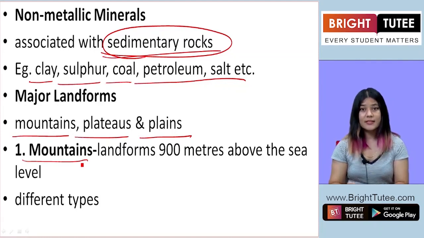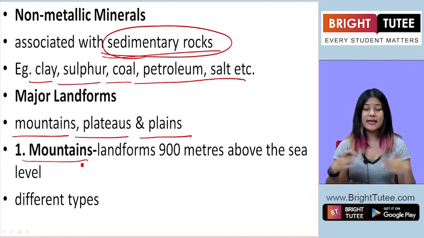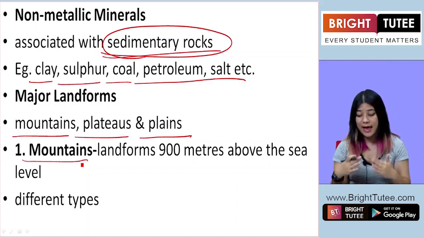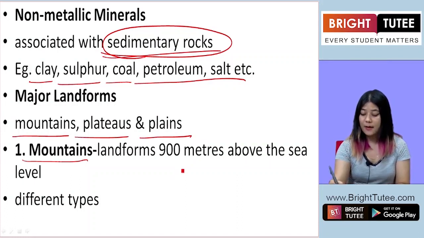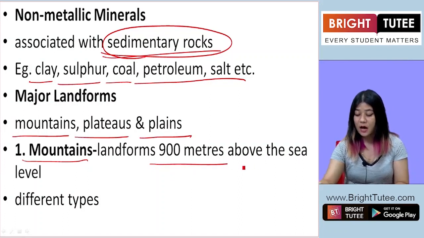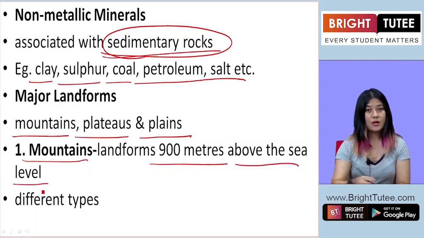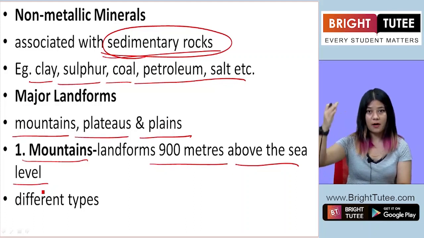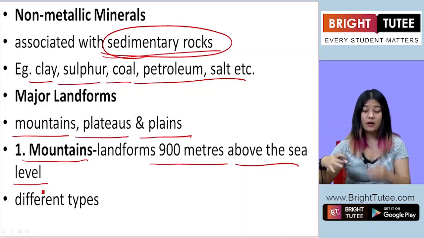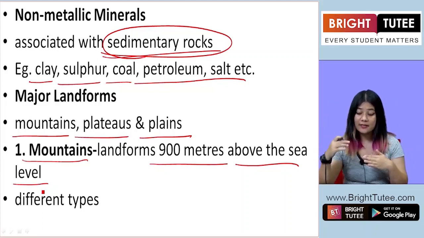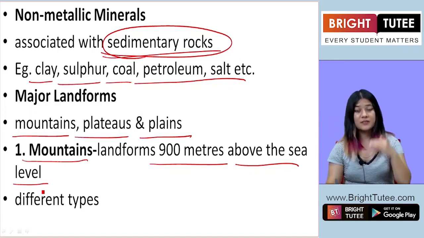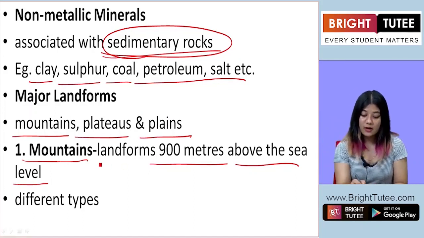As we know, mountains are landforms or landmass which are about 90 meters above the sea level. If they are 90 meters in height or more above the sea level, then those landforms are called mountains.